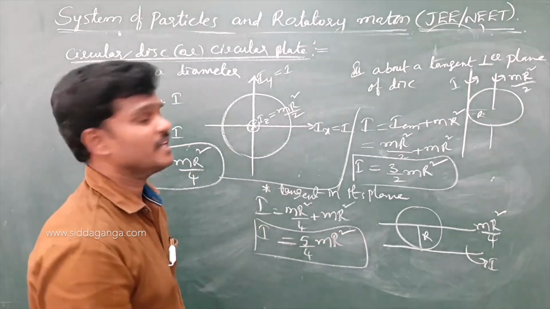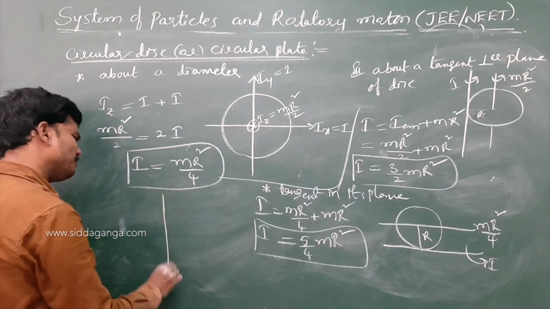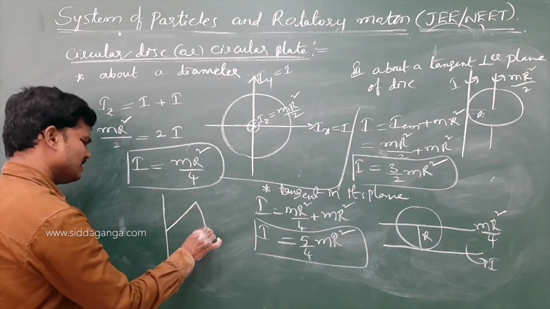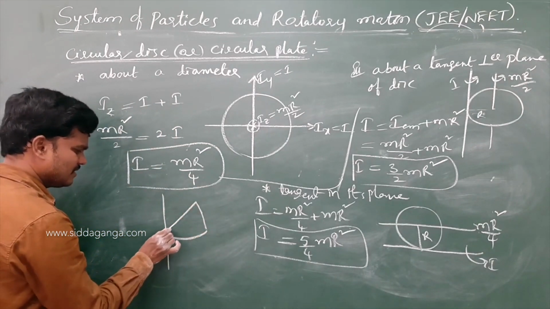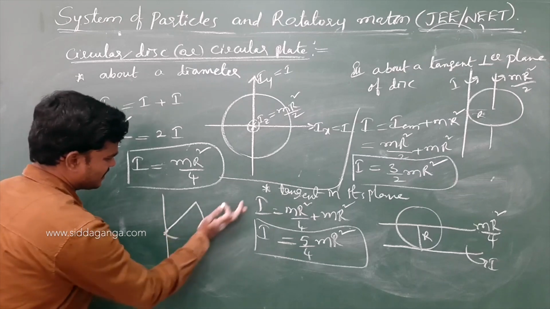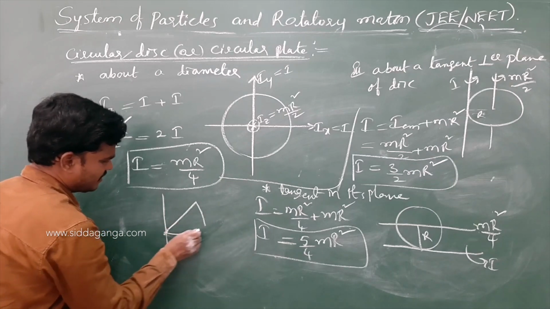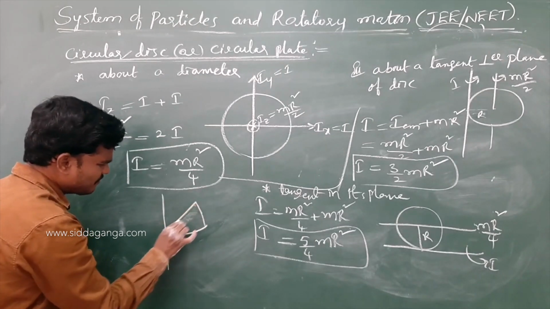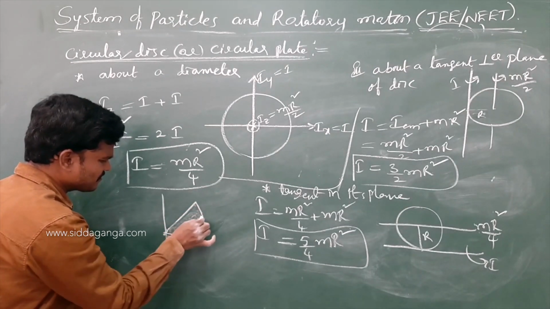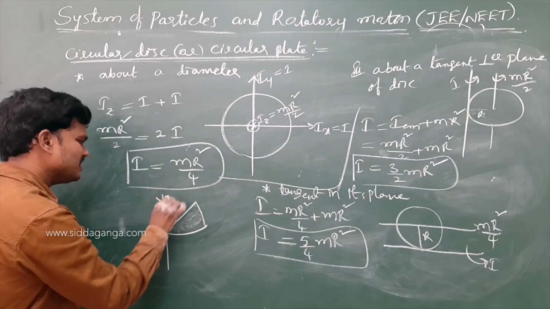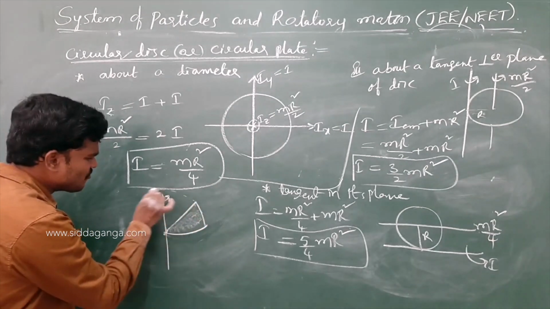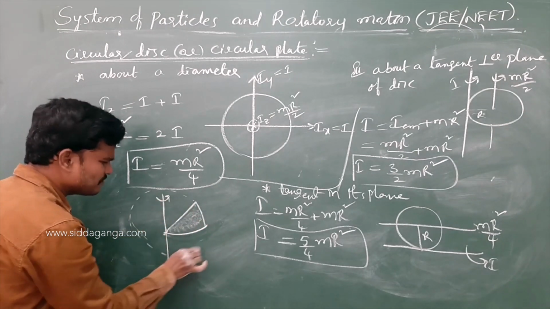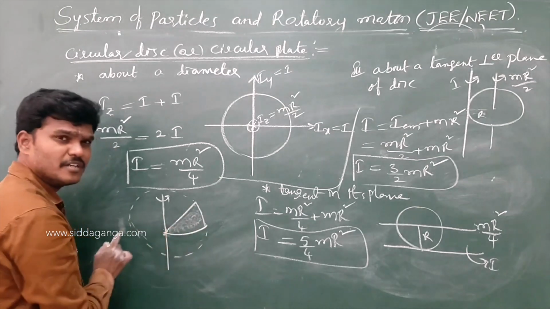In the same manner, if they give any small piece of the disc, like a pizza piece or a bread piece, and it is rotated about this axis, again this forms a circular disc passing through the center perpendicular to the plane.